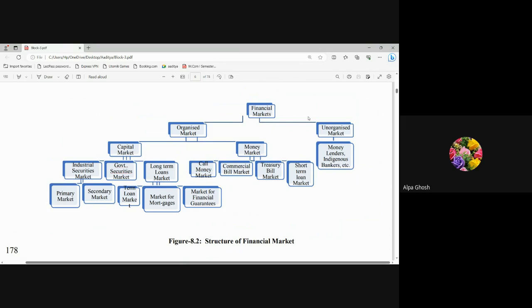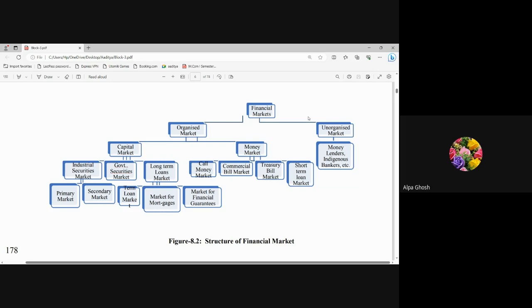I will be a little slow in explaining this. And this financial market is divided into two parts, organized market and unorganized market. Now, when we talk about organized market, it is a market where you have proper guidelines, proper policies.